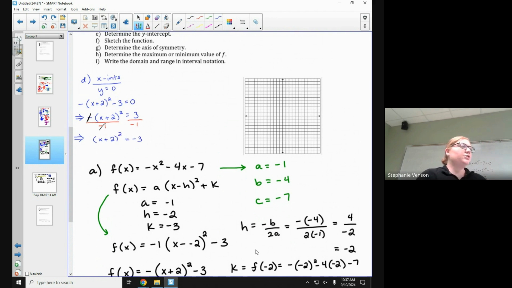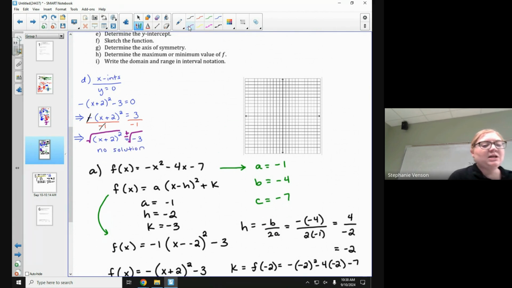Now, what am I going to tell you to do at this point? Yes, I am going to tell you to square root both sides, and I'll always tell you to put a plus or minus in front of the numerical side. However, are we allowed to take the square root of a negative? No. So that means that we get no solution.